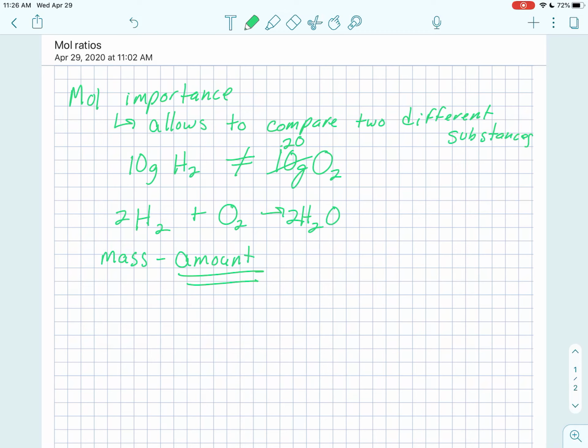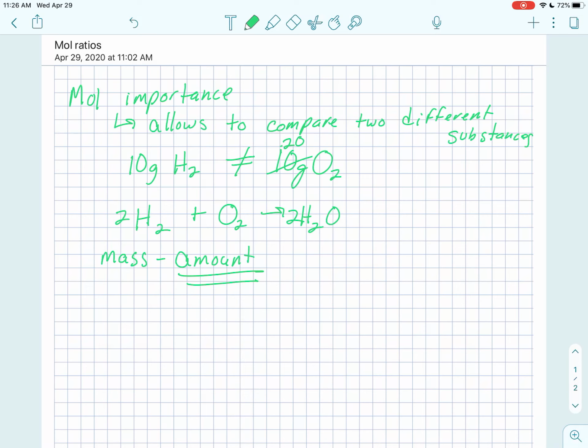The number of particles is moles. The amount is the moles, the number, plus the size of each individual one. Oxygen is larger than hydrogen. So if I have 10 grams of oxygen, I'm not going to have nearly as many oxygen molecules as I do when I have 10 grams of hydrogen.